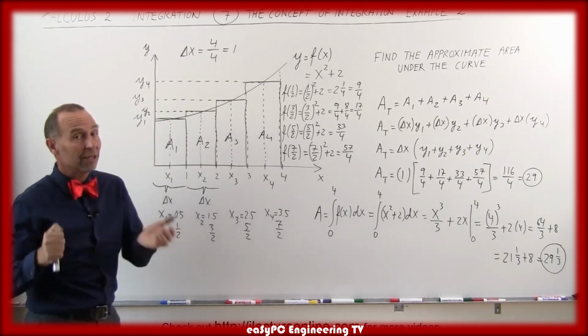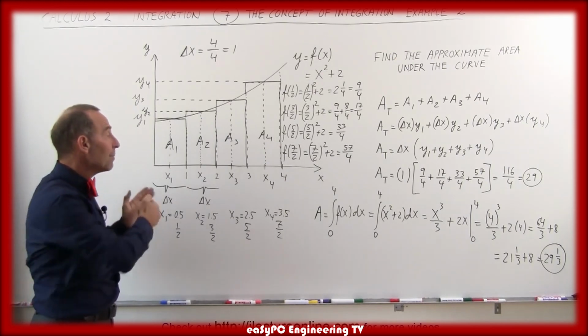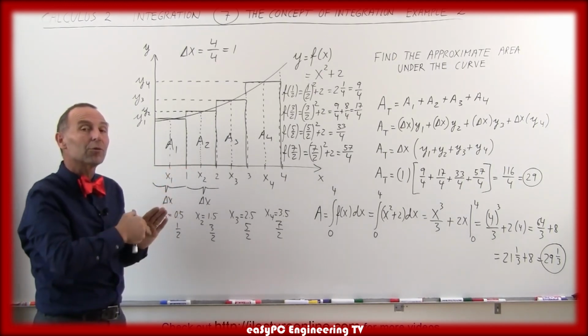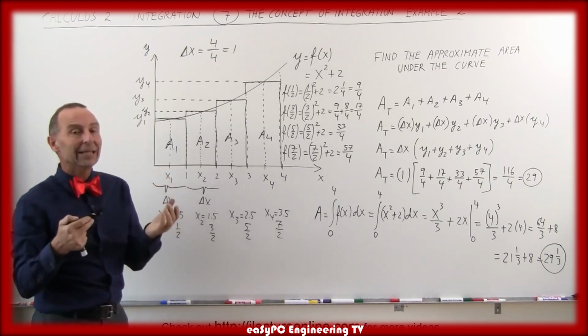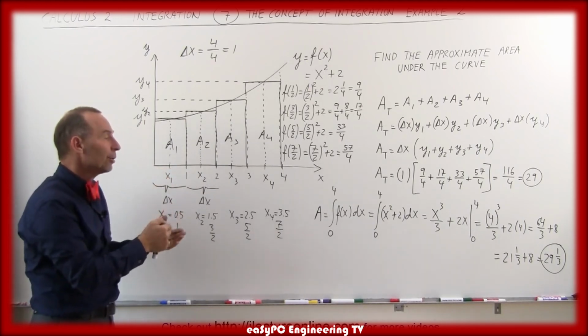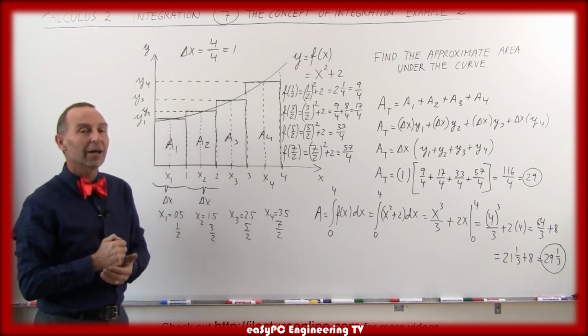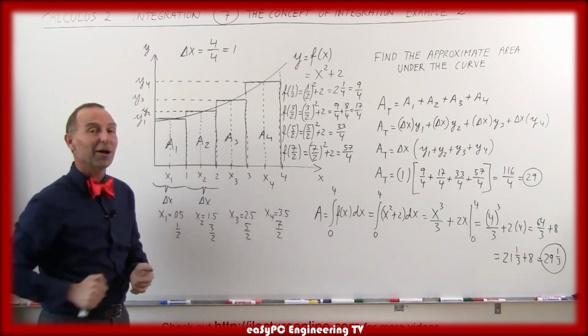But again, the definition of an integral is you keep adding more and more rectangles until the number goes to infinity, until the thickness, the delta x, goes to 0, and then you have the exact area, which is equal to the integral, and that represents the area underneath the curve.